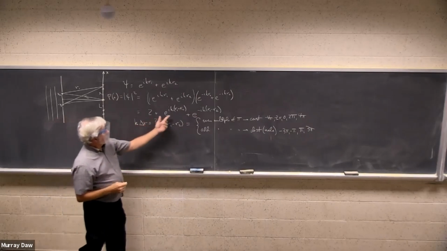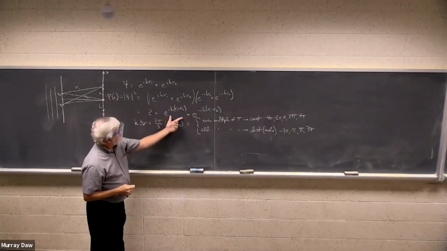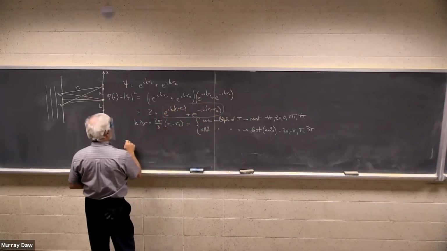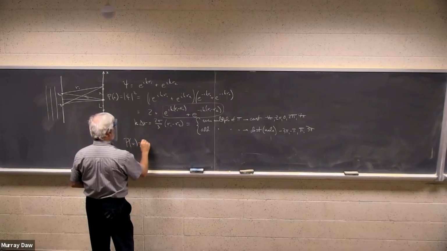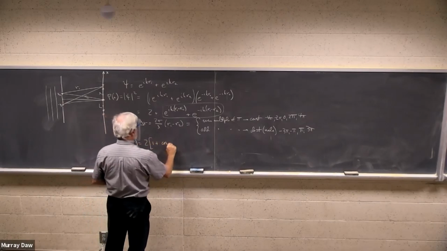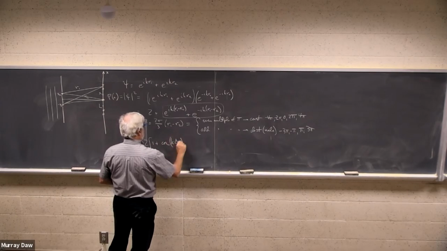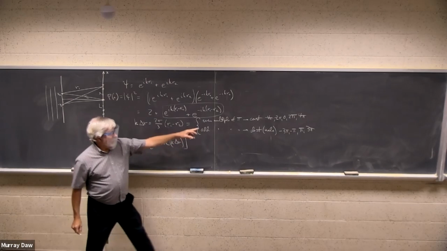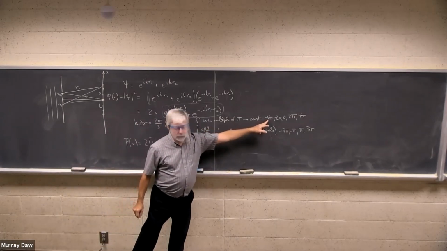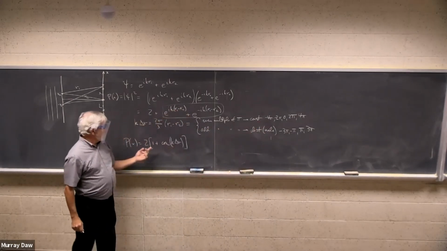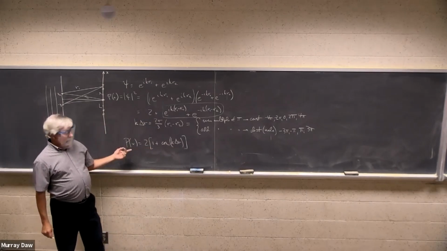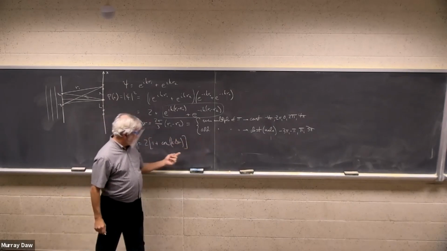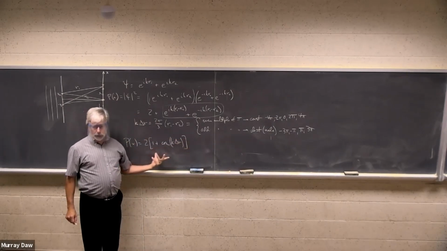If these are out of phase with each other, this adds up to be 2 times the cosine, right? So the probability of x is 2 times 1 plus the cosine of k delta R. If k delta R is an even multiple of pi, then the cosine is 1, and this is a max. If this difference k delta R is an odd multiple of pi, then this will be minus 1, and you get a node.